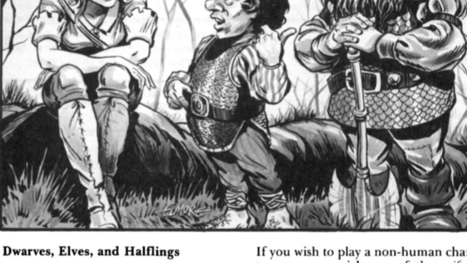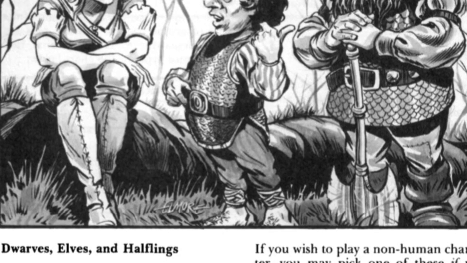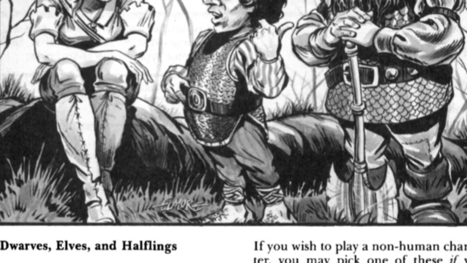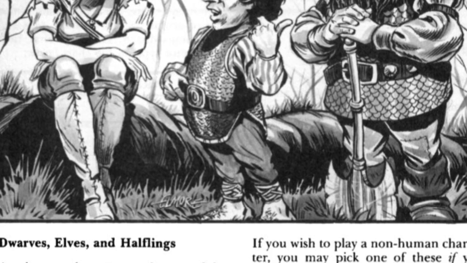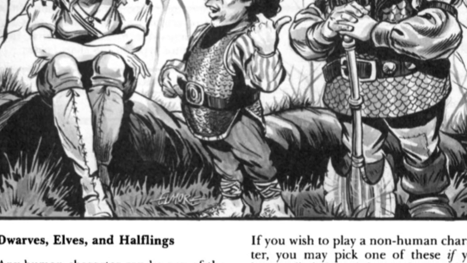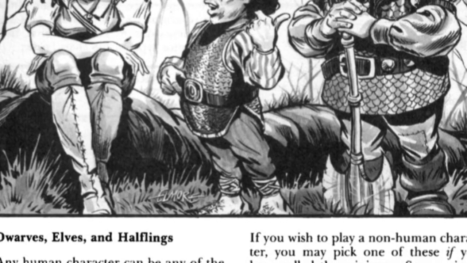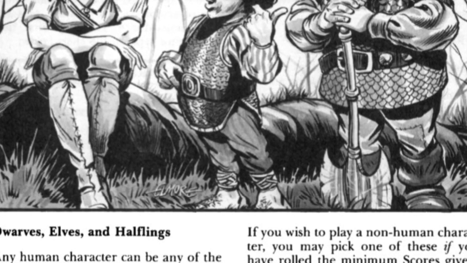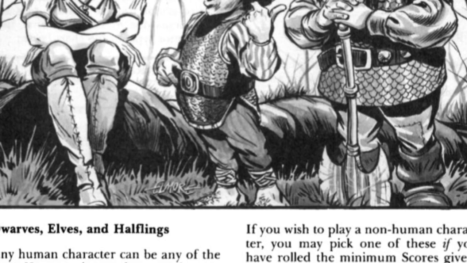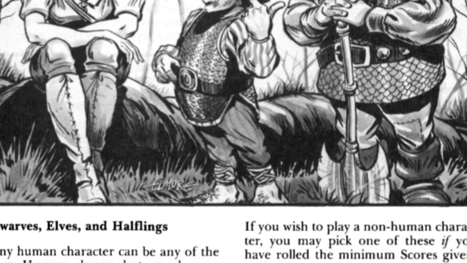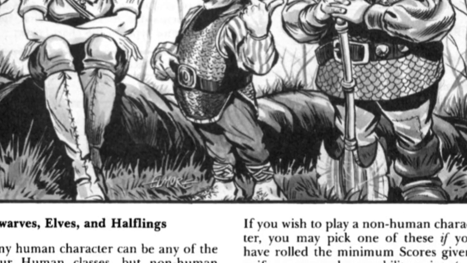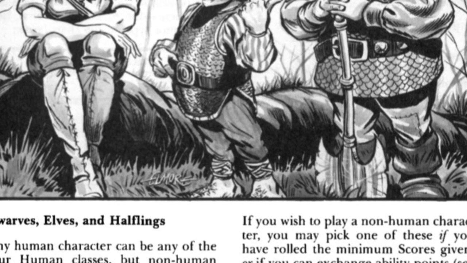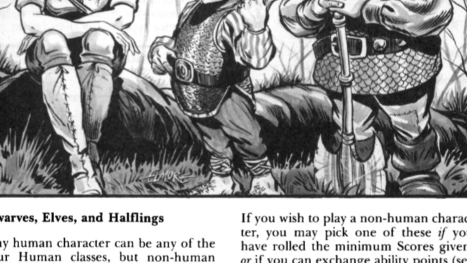Elves have abilities similar to both fighters and magic users, so they must have good scores in both strength and intelligence. Both of these ability scores are prime requisites for elves. Also, if your character has an 8 or less for intelligence, the character cannot be an elf. Halflings have some fighting abilities and must have good strength and dexterity. Both of these are prime requisites for halflings. In addition, halflings are also very healthy.